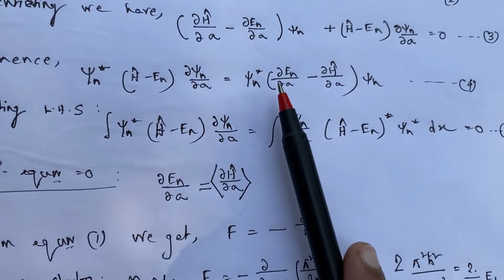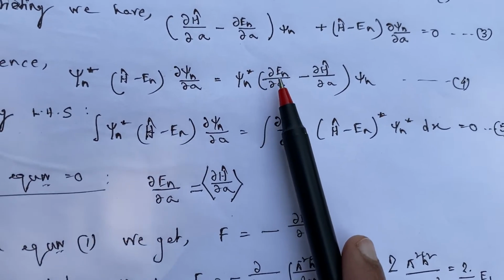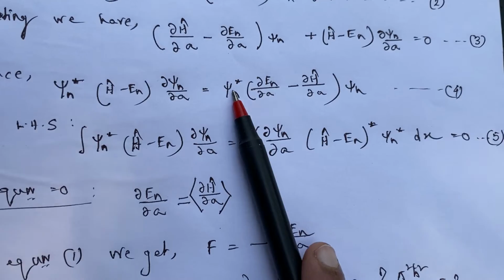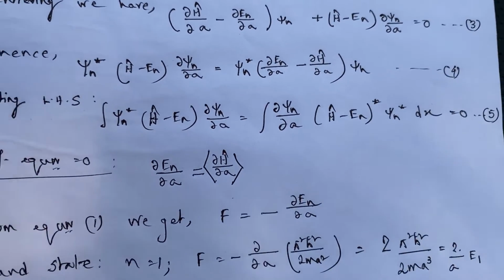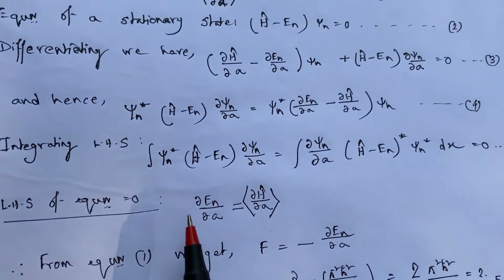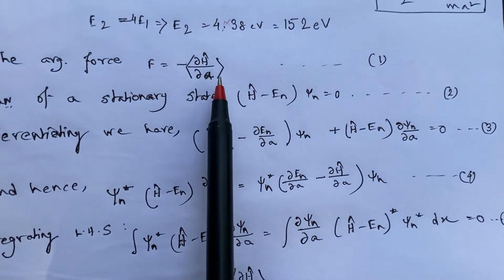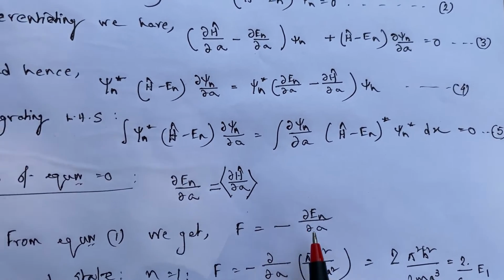On the left hand side we have del del A of En, because this is a scalar quantity. So this will come out, and psi n star psi n is equal to 1 because of the normalization condition. Then from equation 1 we have a force expression here. So we have from equation 1 the force is equal to minus del del A of En.